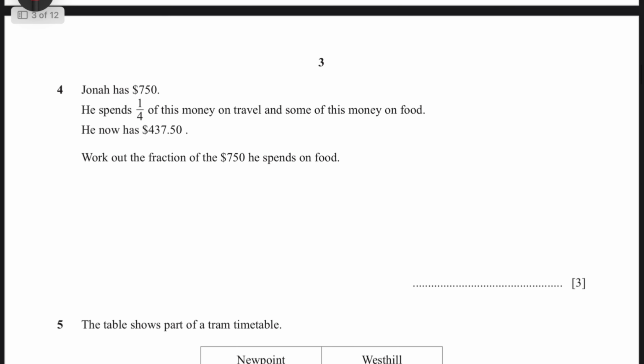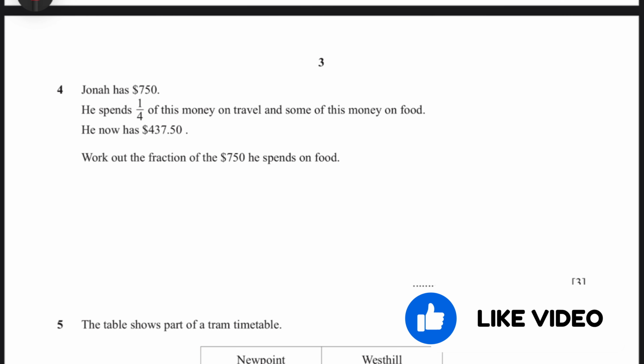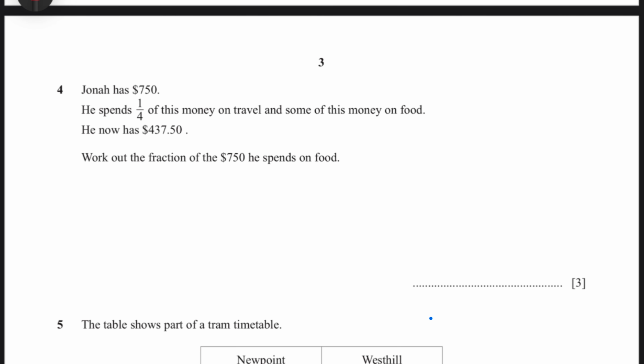Now the fourth one. Jonah has $750. He spent 1/4 of the money on travel and some of this money on food. He now has $437.50 left. Work out the fraction of $750 he spends on food.